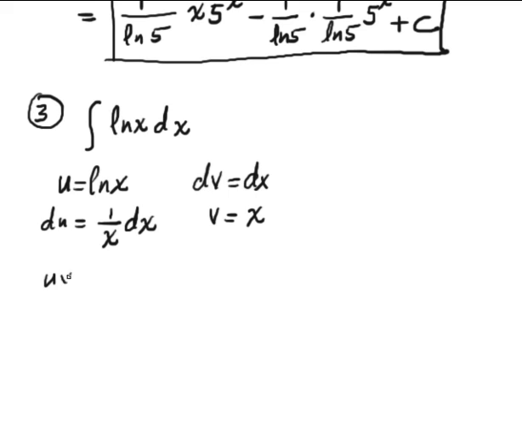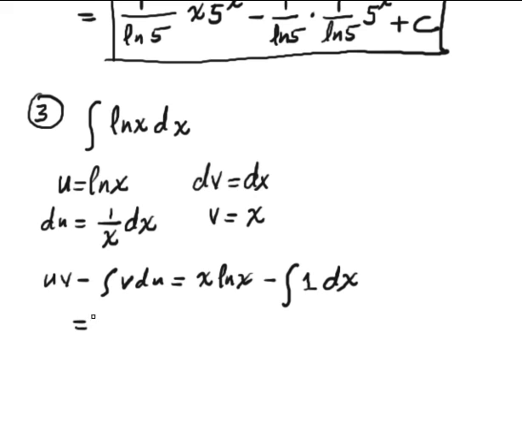All right, now let's form uv minus the integral of v du. And here we have 1 over x times x is 1. So uv is x ln x. And our integral v du is 1 dx.